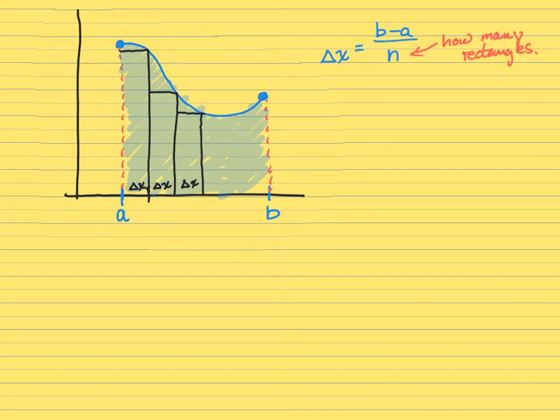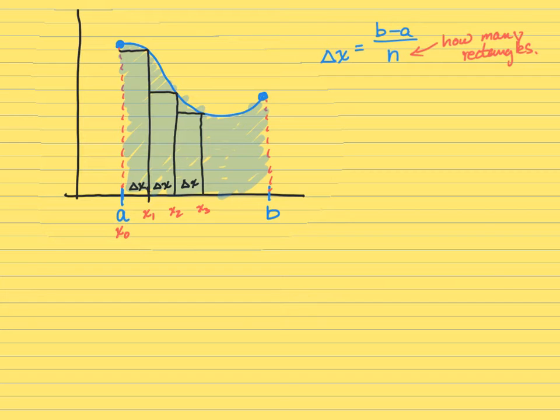Now let's also label these points. This point a is x sub 0, and then this is x sub 1, x sub 2, x sub 3, and so on. So x sub 1 is the right hand end point of the first rectangle, x sub 2 is the right end point of the second rectangle.